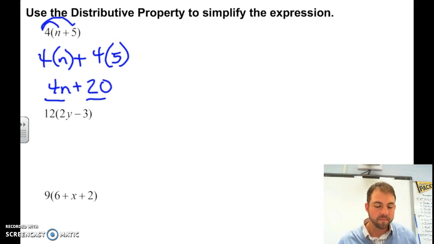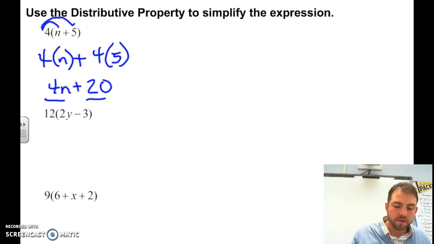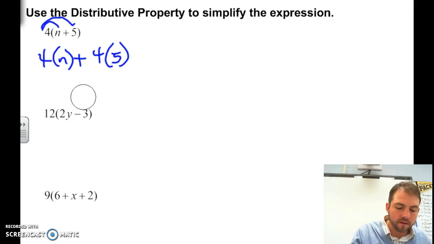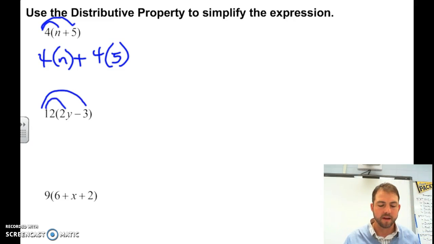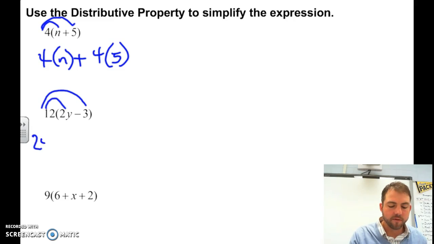Moving on to the next problem, we're going to do the same concept. We're going to deliver the 12. Again, in this concept, now let me just erase this here real quick just to give a little more space. Okay, so again, we're going to deliver the 12 to 2y and the 12 to 3. Now 12 times 2 is 24.